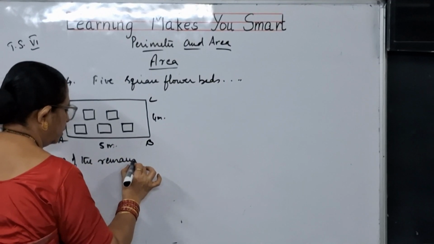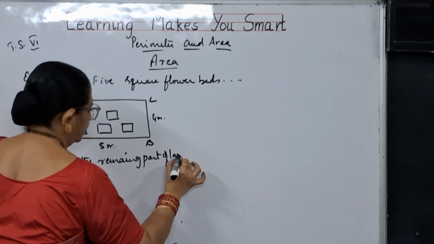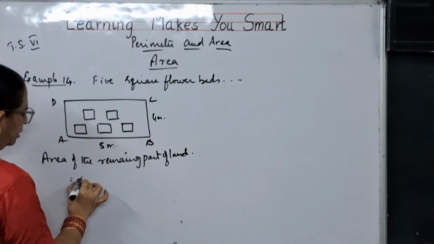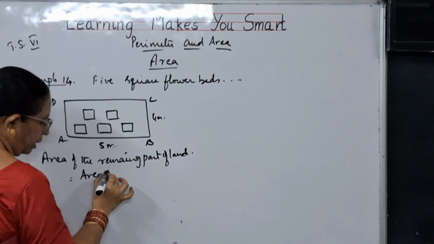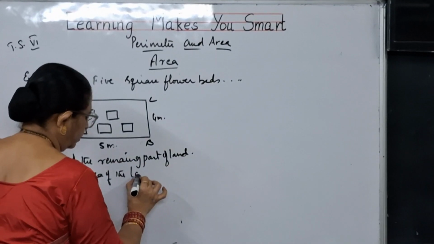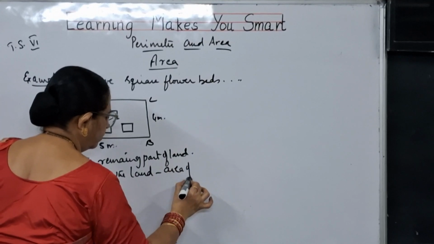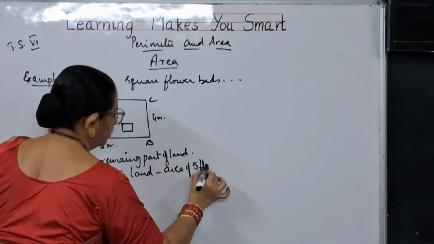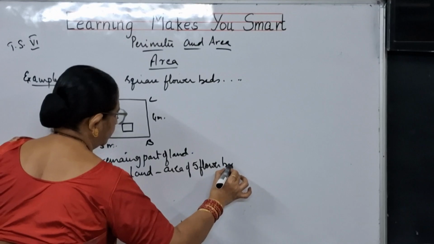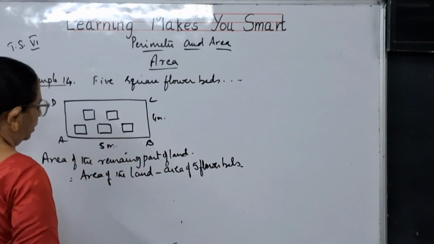How will you find out? This is nothing but the area of the land minus the area of 5 flower beds. If you subtract these 5 flower beds, you get the remaining land.